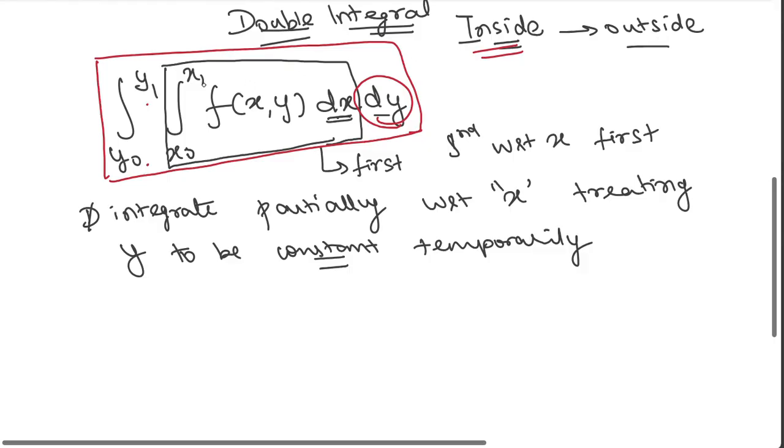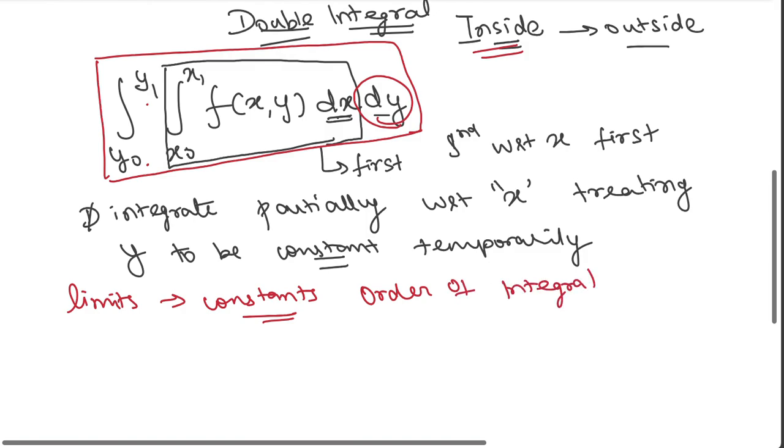Now, how about these limits? Whenever we have the limits to be constants, the order of integration is not fixed, which means I can integrate either with respect to x first or with respect to y first.